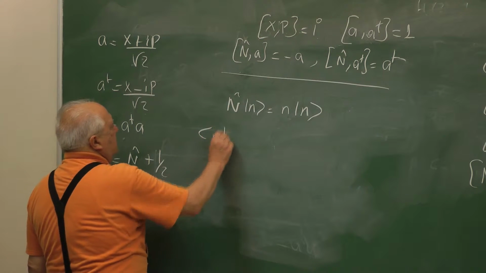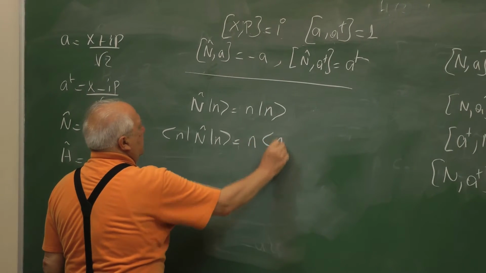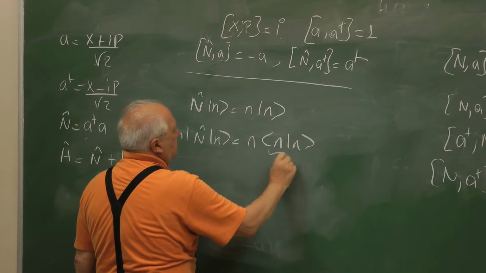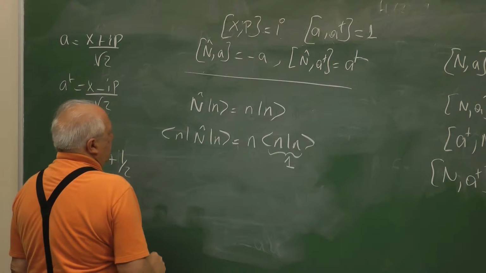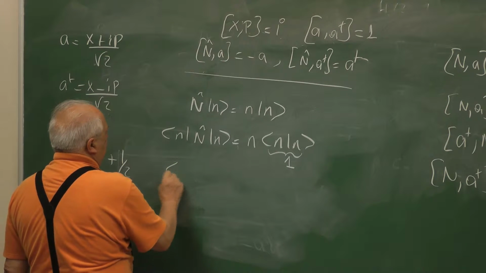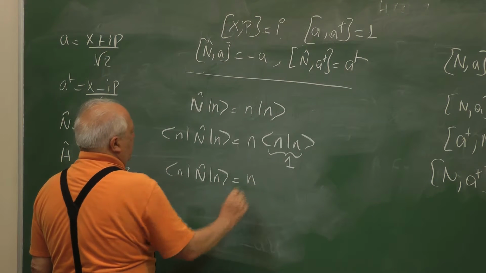So ⟨n|n⟩ is equal to 1. And here it is: n|n⟩ is equal to n|n⟩.